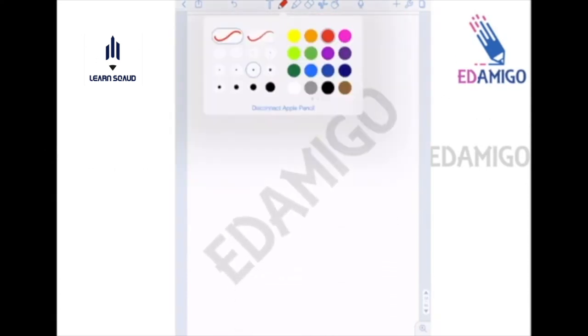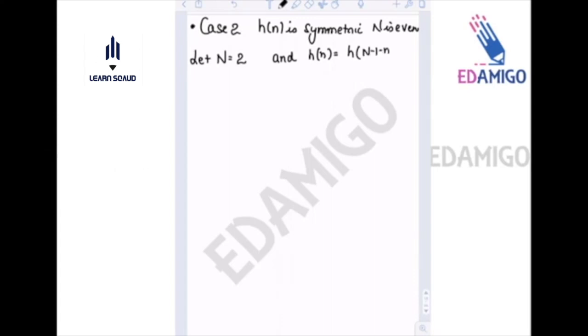Now let's move on to case 2, where h[n] is symmetric and N is even. Okay, so let us take the simplest example. Let N is equal to 2, and since it is symmetric, the formula will be h[n] is equal to h[N−1−n].